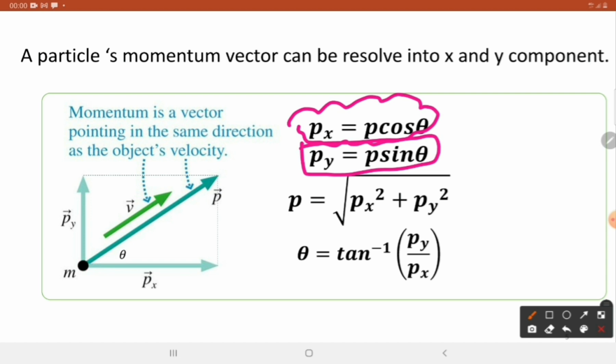To calculate the magnitude of vector p, we can use the Pythagoras theorem, which is p = the square root of px squared plus py squared. And to get the direction of this momentum p, you can use trigonometry, which is theta = arctangent of py over px.